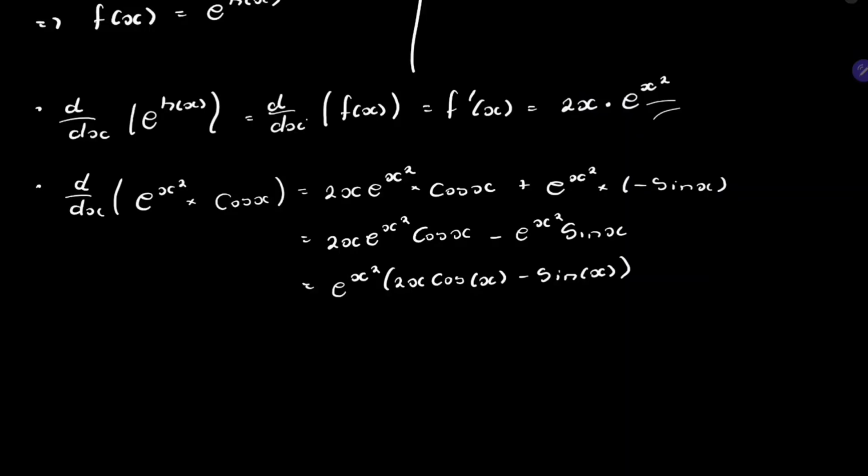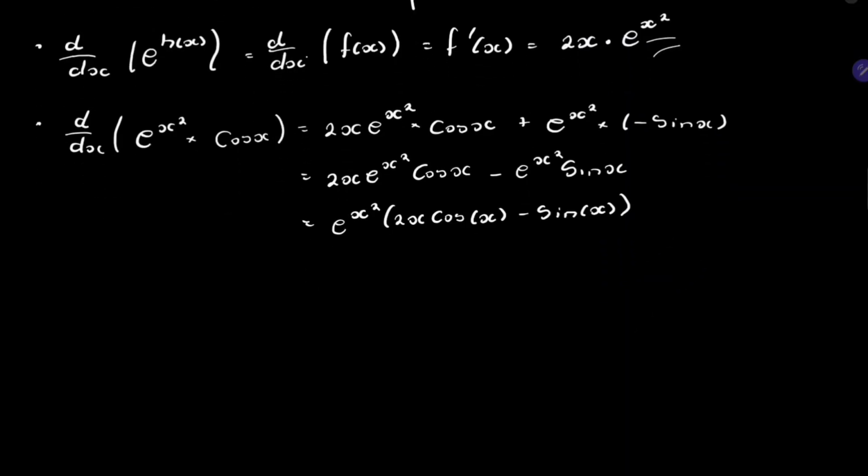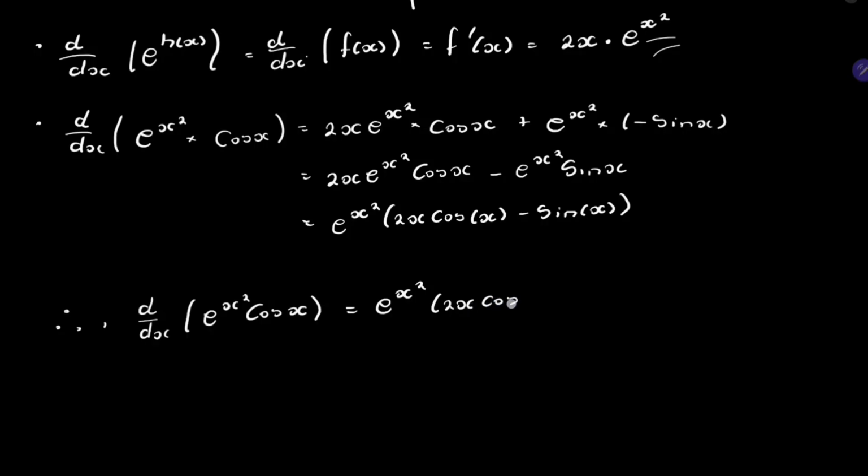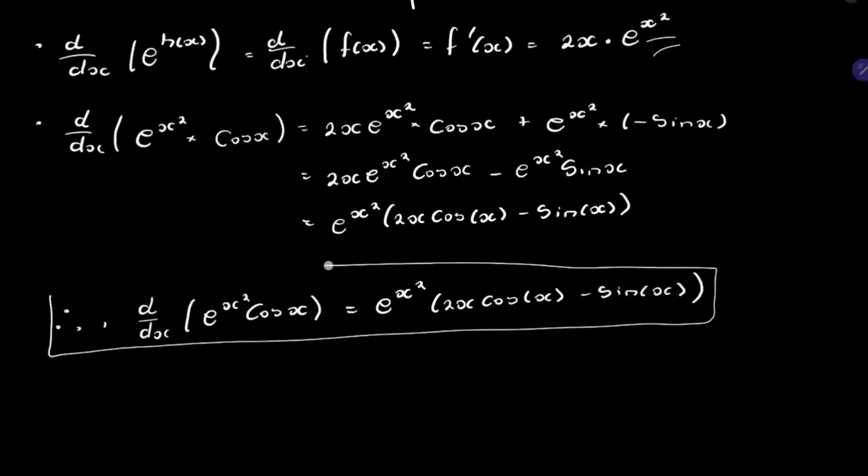So what can we then conclude? Therefore, the derivative with respect to x of the function e to the x squared cos x is equal to e to the x squared times 2x cos x minus sine x, and we box our answer.